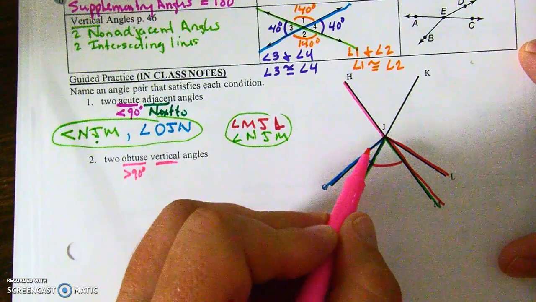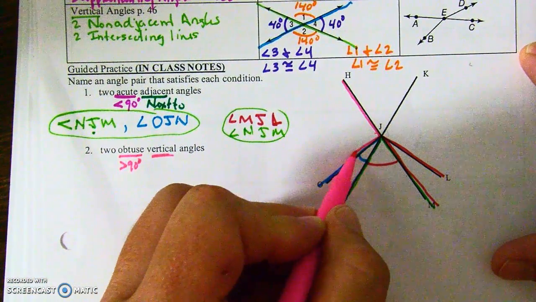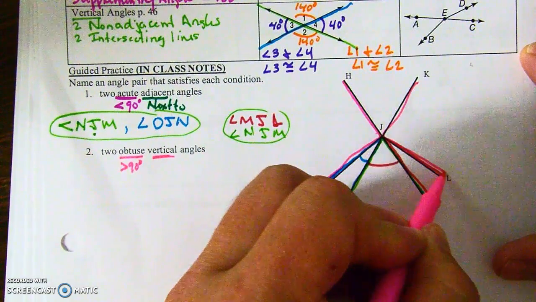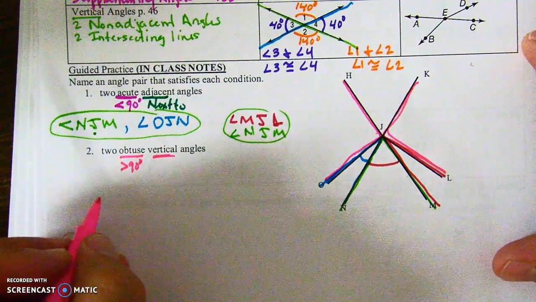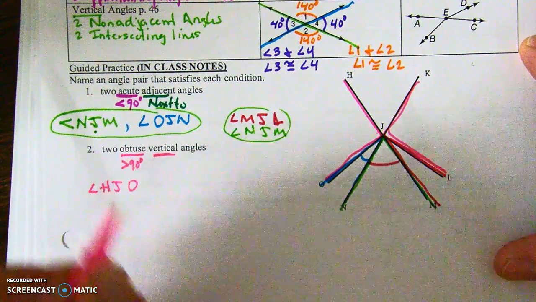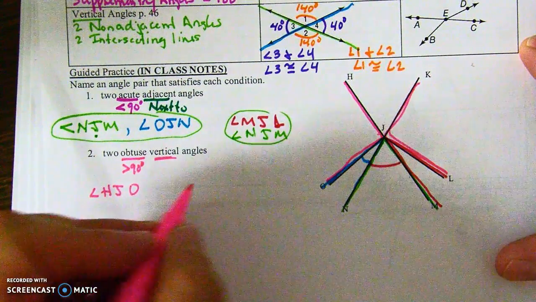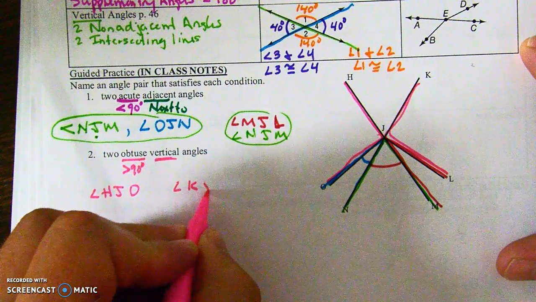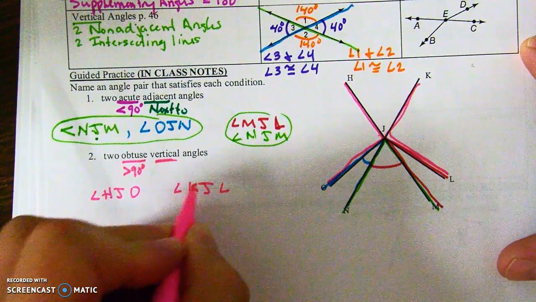Sorry, the paper's moving a little bit. And this one is obtuse. Okay, so let's label those. So we'll go angle HJO for right now. I hope that's the right one. And then we wanted to go angle KJL.